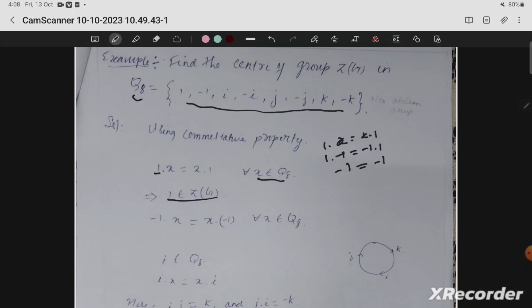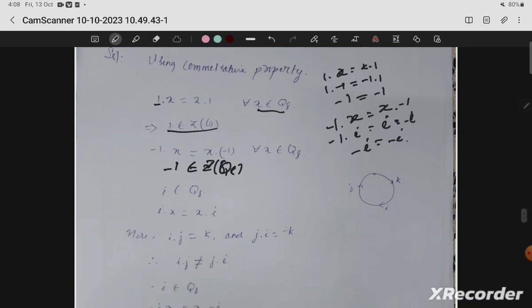Now similarly, we will check minus 1. So x times minus 1. If here x is replaced by, let's say, i, then this will give us i times minus 1 equal to minus 1 times i. Then we can see that minus 1 also belongs to the center of the Q8 group.